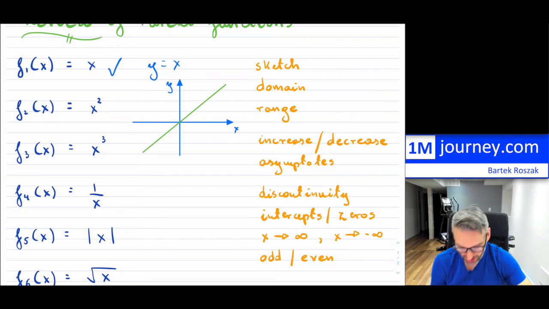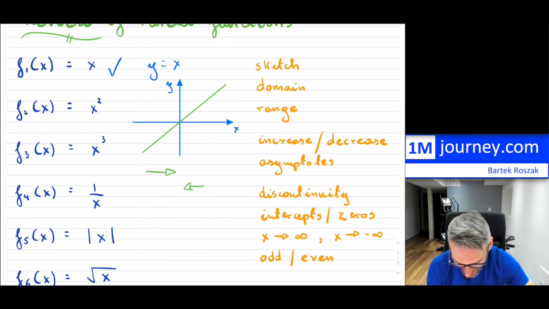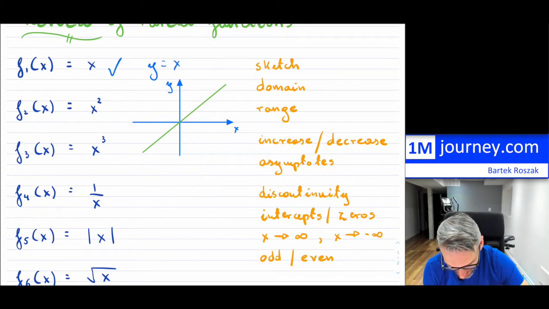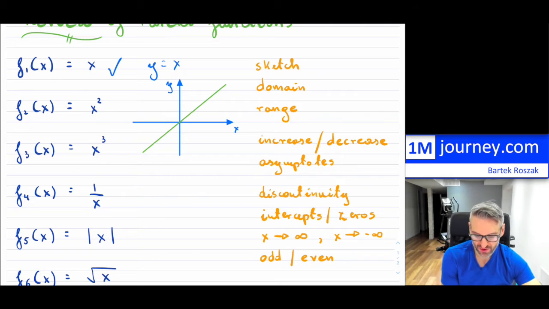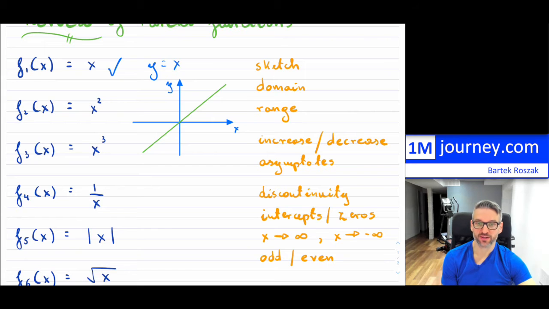Clearly, if you're going in this direction, it's increasing, and if you're going in the other direction, it's decreasing. There are no asymptotes in here, so the function doesn't approach anything. It's a straight line all the way through. There are no discontinuities. It's always continuous.